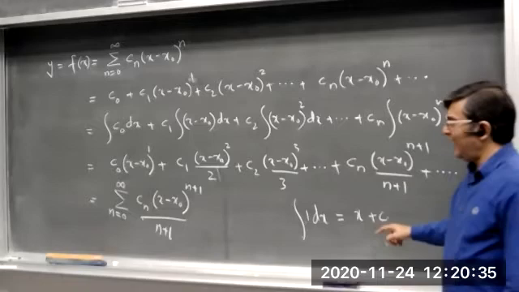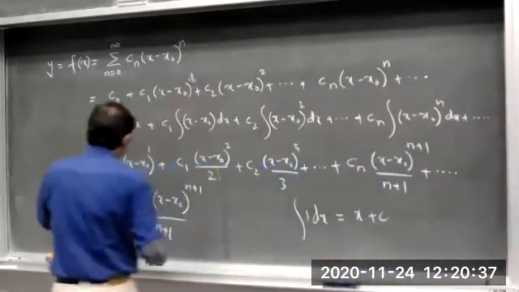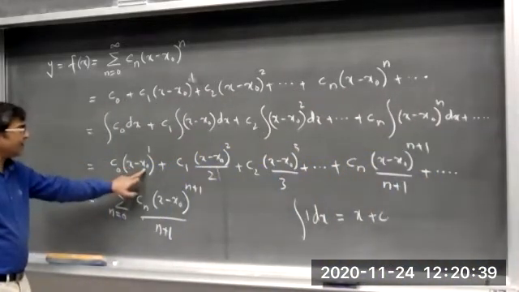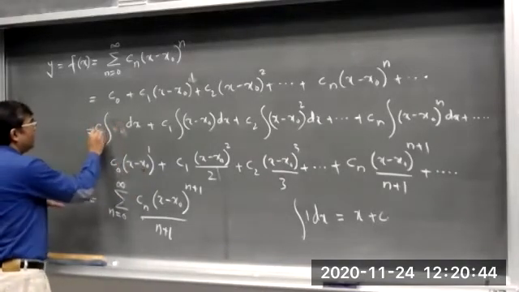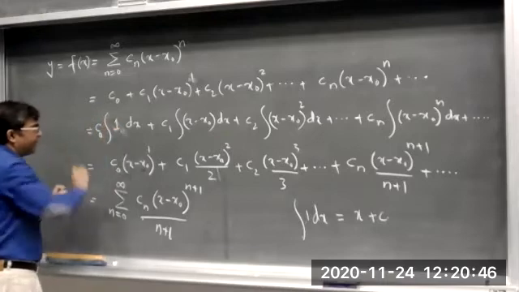And for our convenience, what will the derivative of x minus x naught be here? C naught goes outside and we have 1 here.